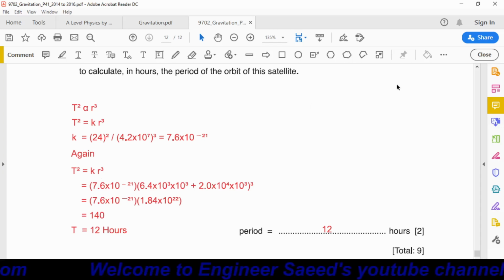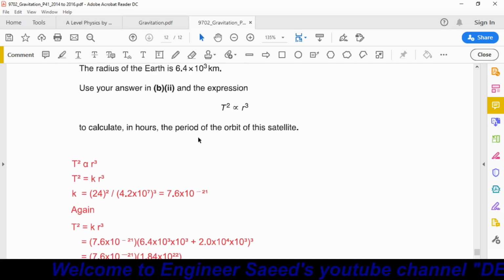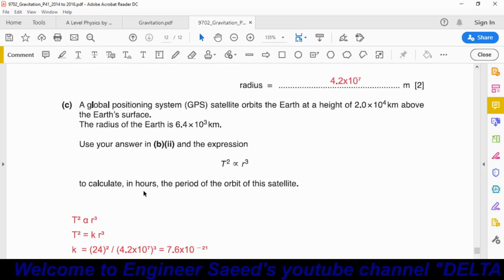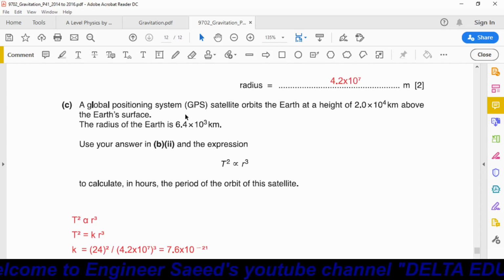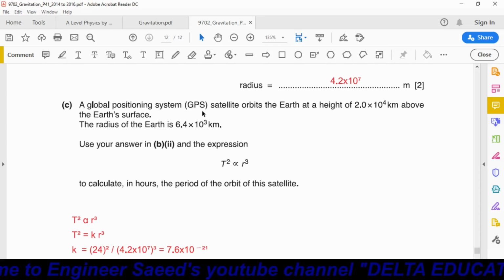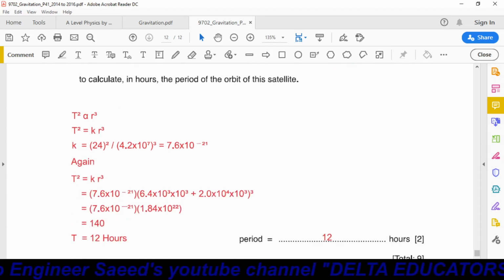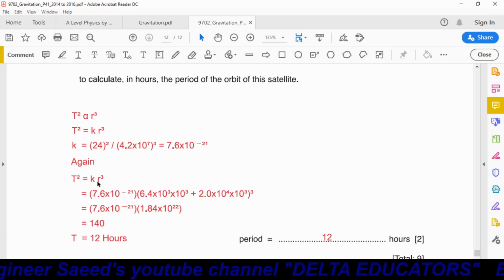Now we have to calculate the time period. We have to calculate in hours the period of the orbit of the satellite. Which satellite? This GPS satellite. The same formula that we have derived, t square is equal to k r cube, we are using here.